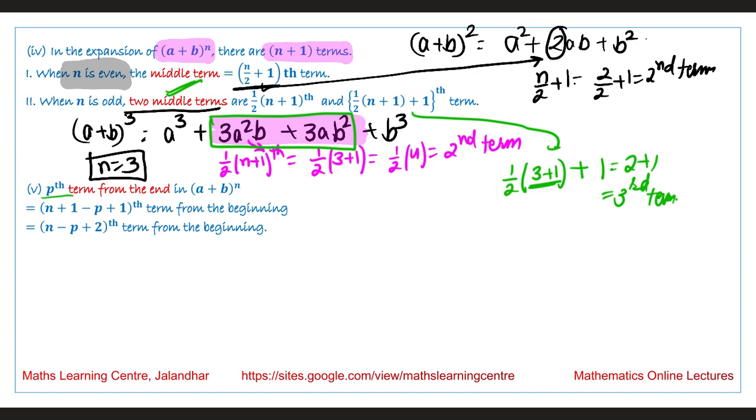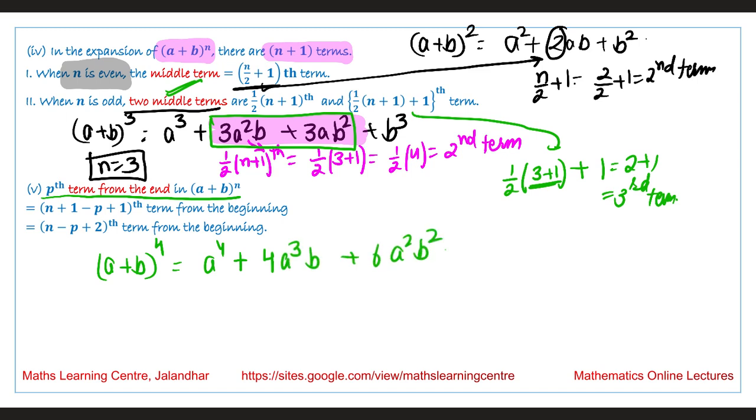Next is the pth term from the end in (a + b)^n. Again, suppose I am talking about (a + b)^4. I can write it as a^4 + 4a^3b + 6a^2b^2 + 4ab^3 + b^4.